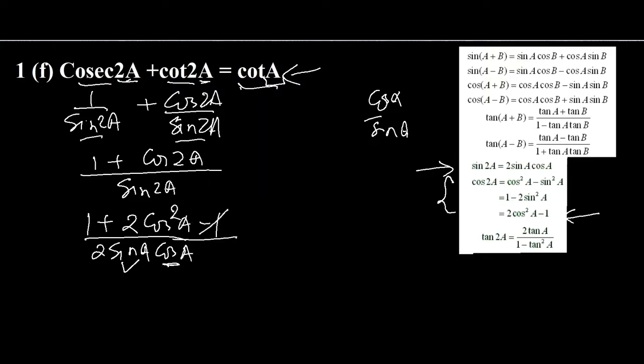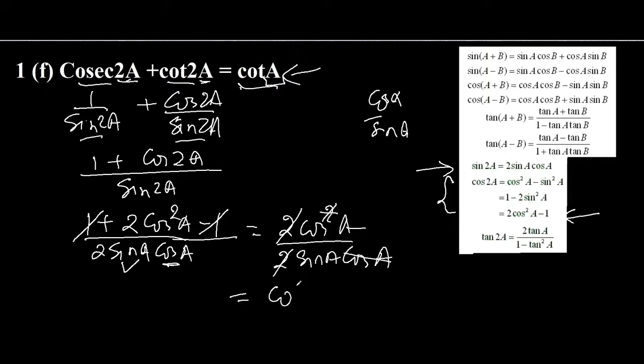So the first purpose is met, 1 minus 1 will be cancelled, and now we are left with 2 cos square a over 2 sine a cos a. So again 2 and 2 can get cancelled, one of the cos will cancel with this cos, so we are left with cos a over sine a, which is cot a, and our aim is met.